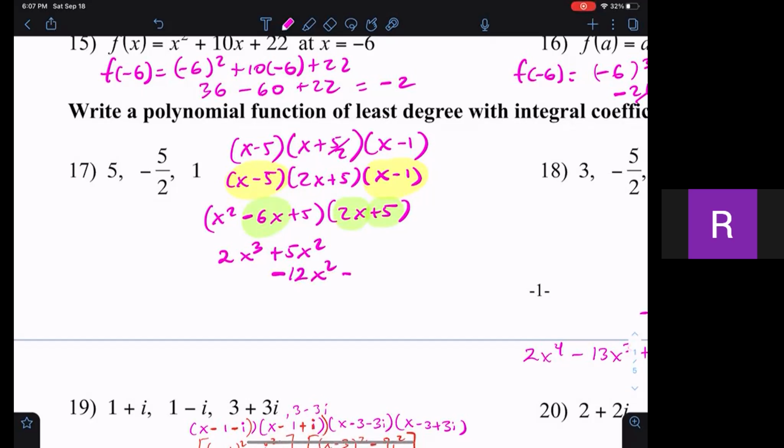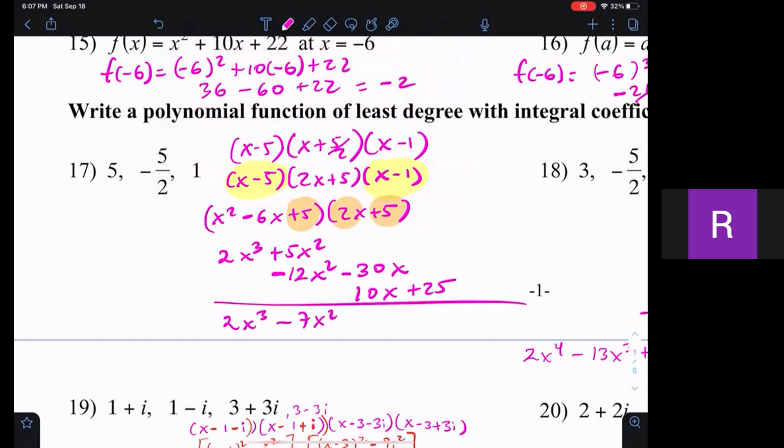And then I have negative 30x. And then I can work it out with these two. So that's going to be 10x, and plus 25. So now we combine like terms, we get 2x cubed minus 7x squared minus 20x plus 25. So that's the answer for 17.